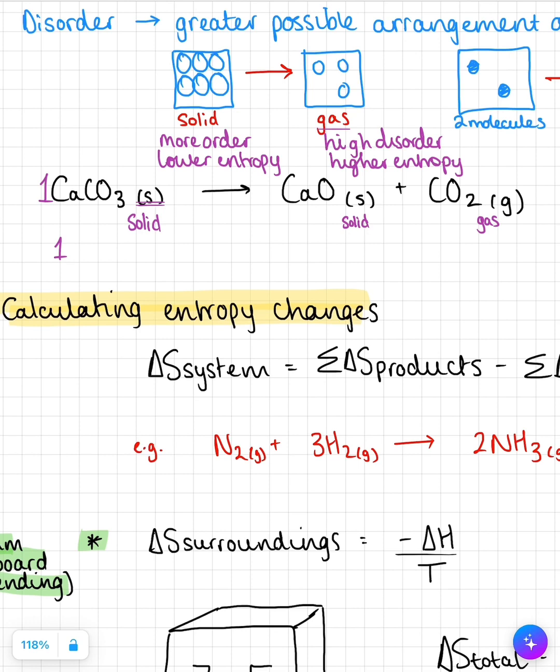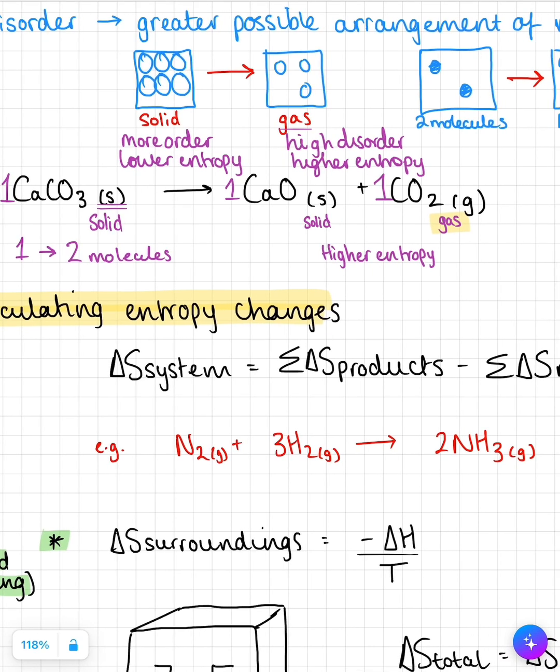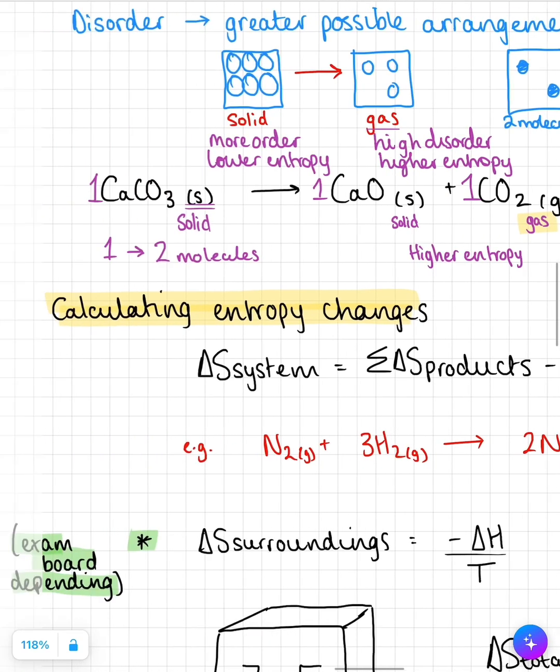Because we are producing a gas, there is a higher entropy of the products. We are also producing 2 molecules of products versus one of our reactants. Therefore, in the products, there's a higher entropy. So both of these things explain to us that the entropy is increasing.